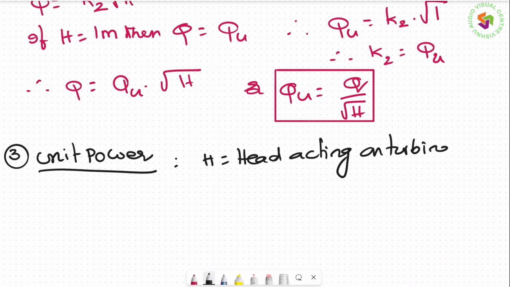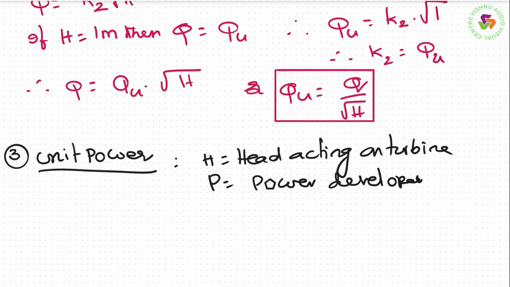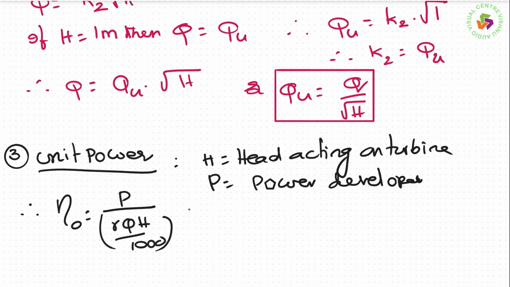Then P is equal to the power developed. Then we already know basically eta 0 is equal to P by gamma QH by 1000, where P is in kilowatts. Am I right?